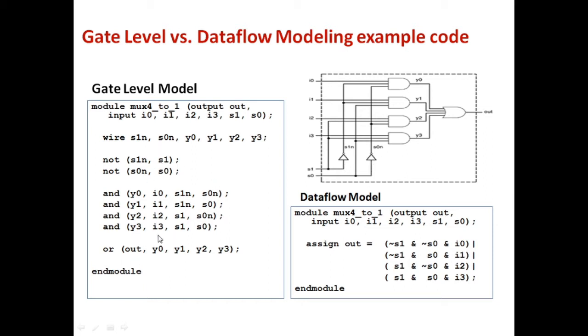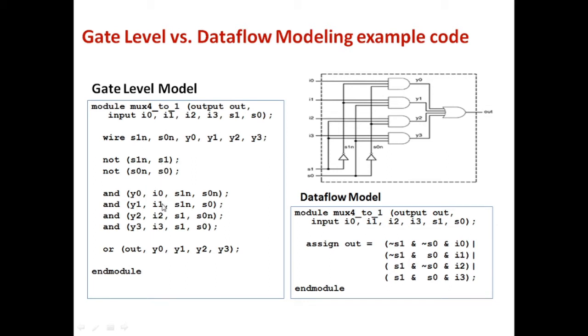As per the previous knowledge, you can recollect how I have written these instructions for modeling my 4x1 multiplexer in gate level abstraction design. And end module. Here, how many lines have I used? 1, 2, 3, 4, 5, 6, 7, 8.